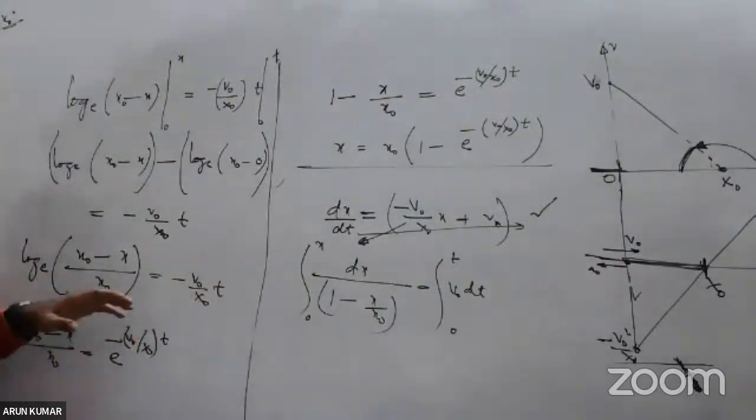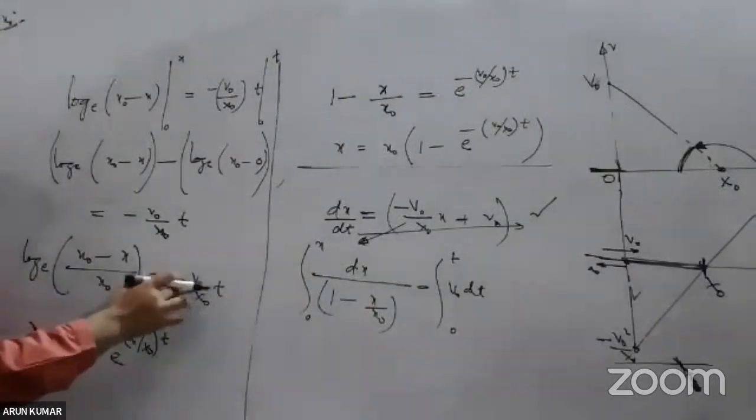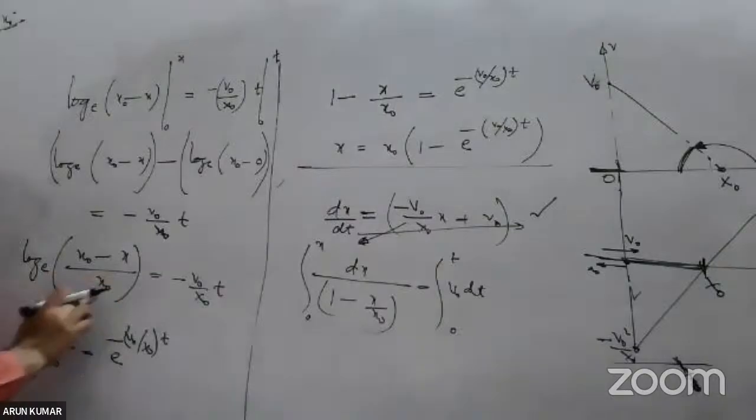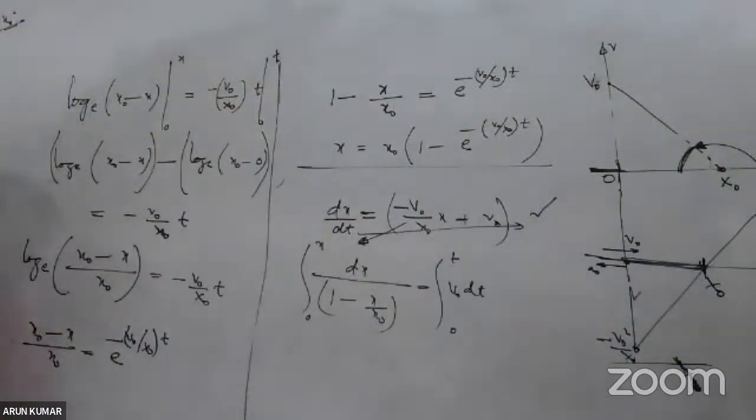That is simple. Now I exponentiate on both sides. I take e power of this one and e power of this one, and the e power cancels the log. So e power of v naught by x naught into t is equal to x naught minus x by x naught, sorry.